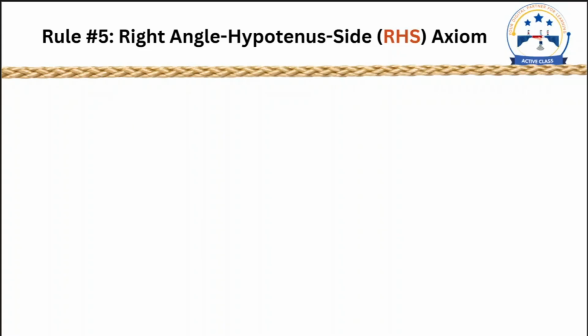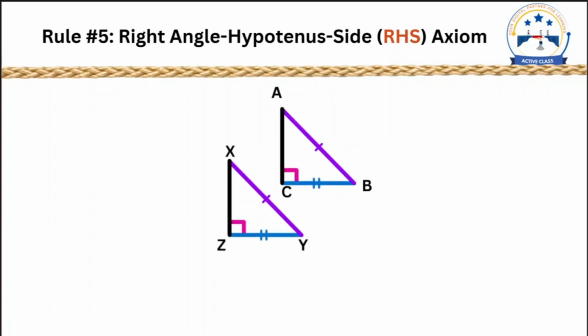the right-angle-hypotenuse-side axiom, which is RHS axiom. Let's have a look over these two right-angle triangles. These two triangles are congruent by RHS axiom.